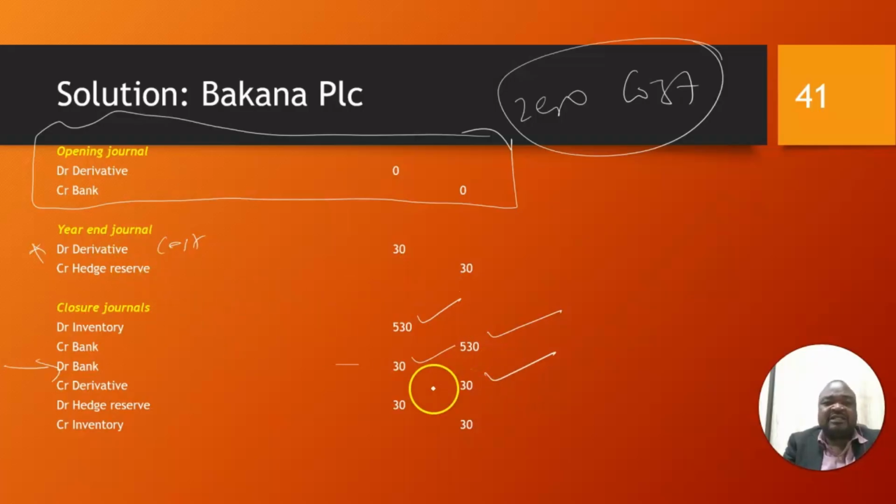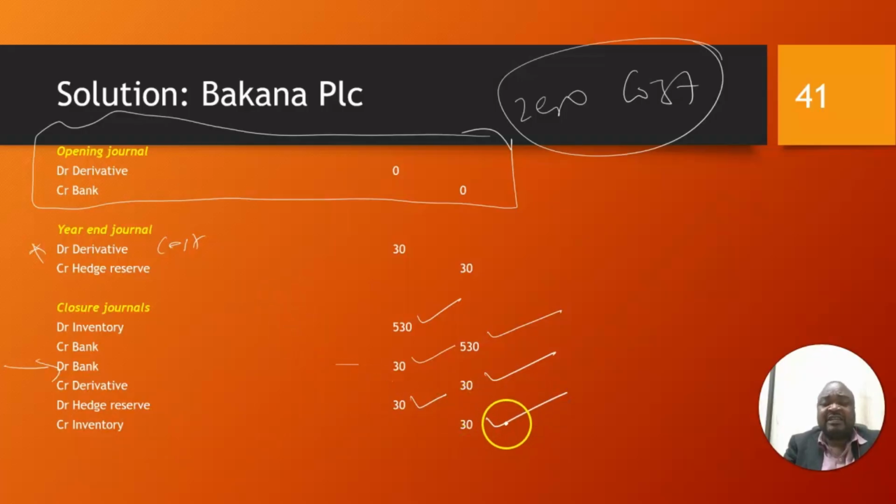So we need to close that out. We are also closing out the hedge reserve because we had created the reserve, but now we want to derecognize it because we are closing the transaction, we are closing the hedge in essence. So we are also debiting the reserve to close it and crediting the inventory with that amount.